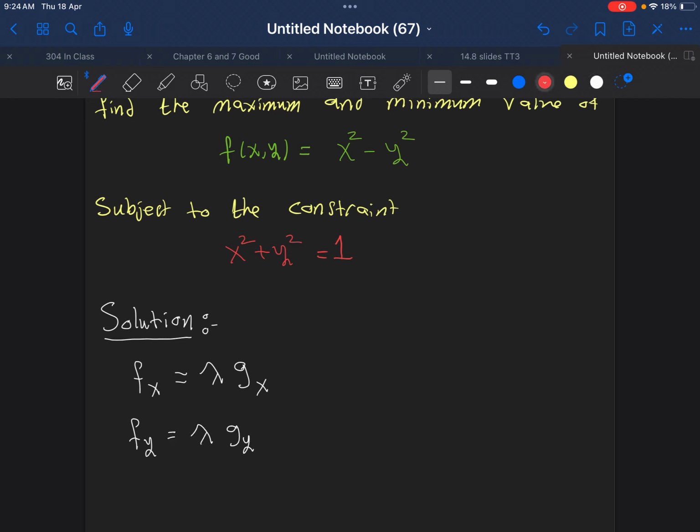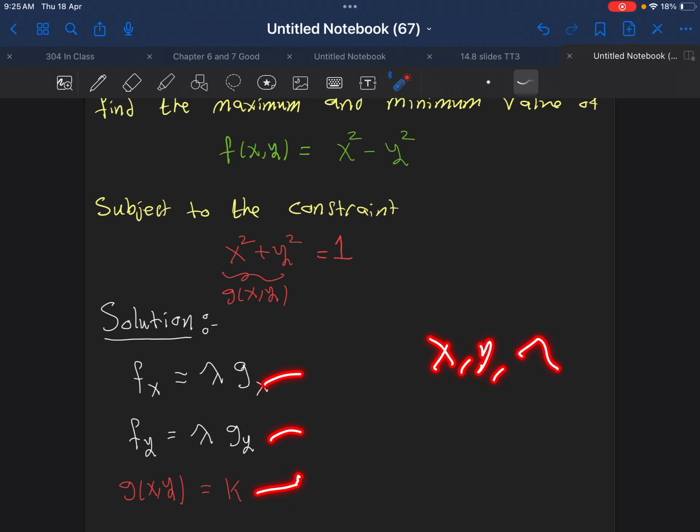And finally, we write the constraint itself as a further equation, which will give me 3 equations, 1, 2, 3, and I have 3 unknowns, which are x, y, and lambda. So let's see what we get from each equation, and then we will see how we will solve them.